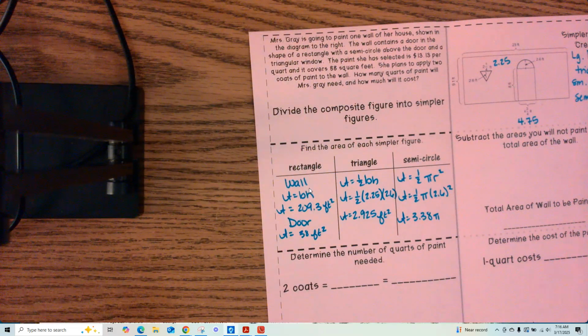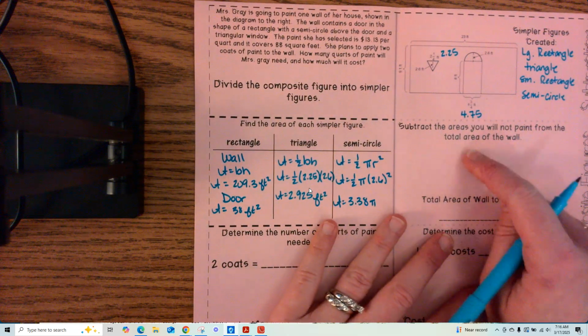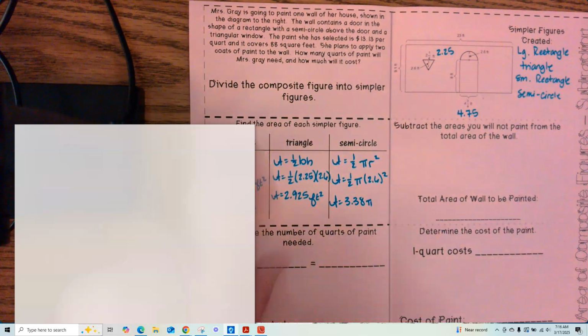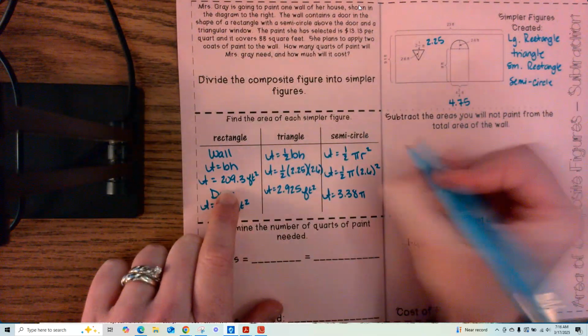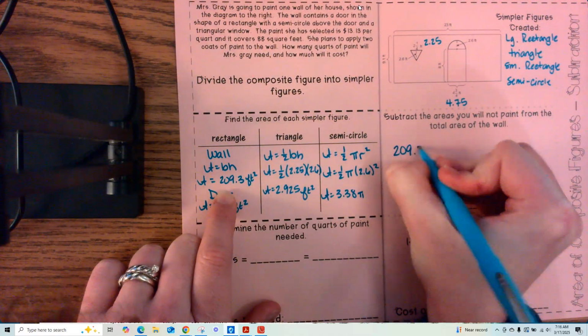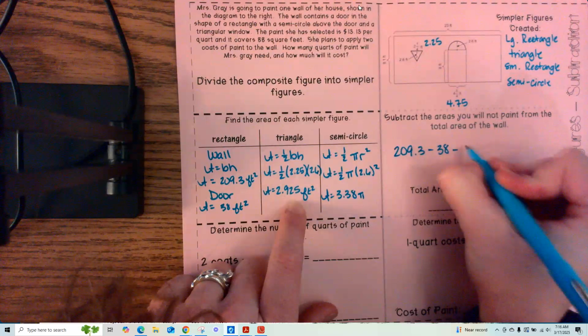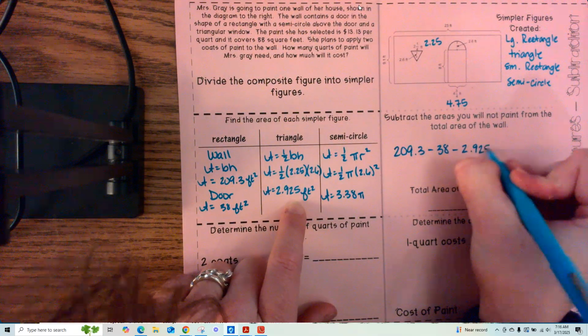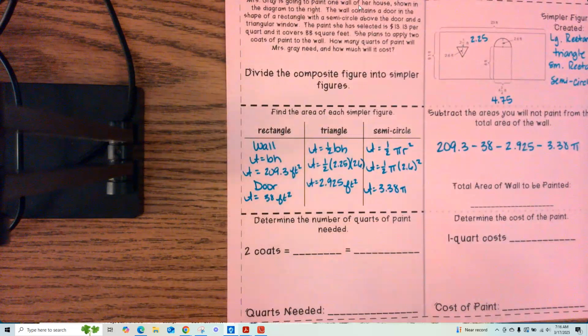Okay. So for this one, we're going to subtract the areas you will not paint from the total area of the wall. So the total area of the wall is 209.3. We're going to subtract all these pieces we would not paint.